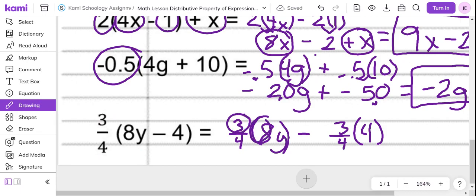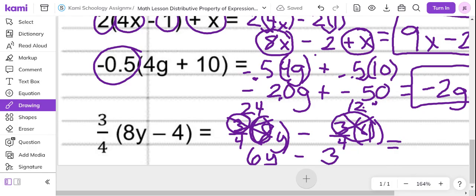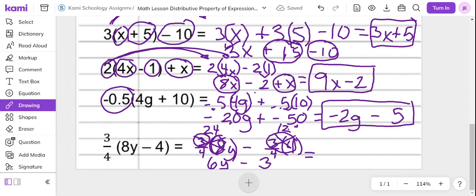So 3 times 8 is 24, and 24 divided by 4 is 6, and that's 6y. And then 3 times 4 is 12, and then 12 divided by 4 is 3. So we have our simplified expression after we distributed the factor of 3/4. So all of this is equal to 6y minus 3.